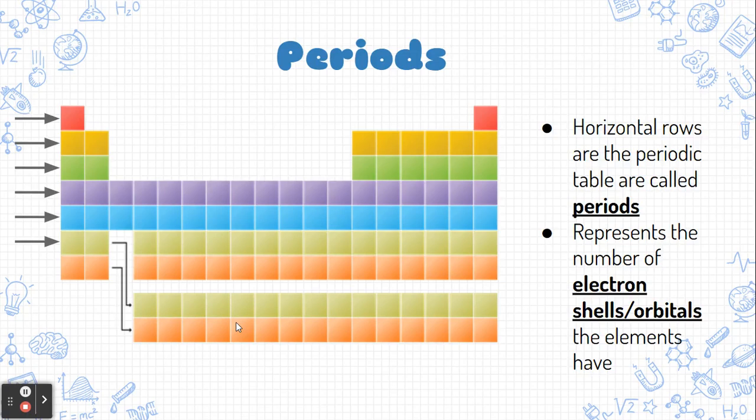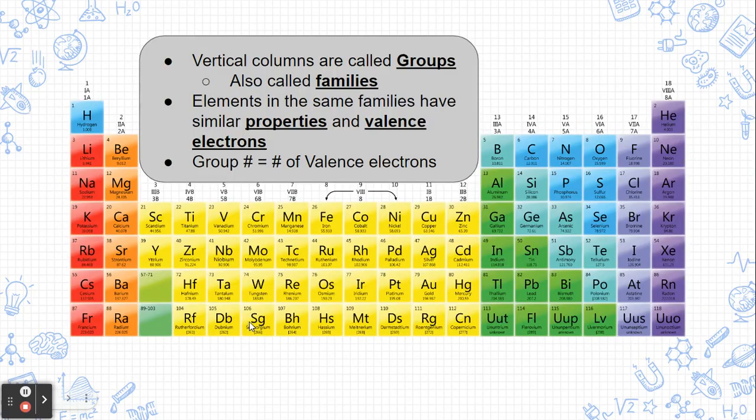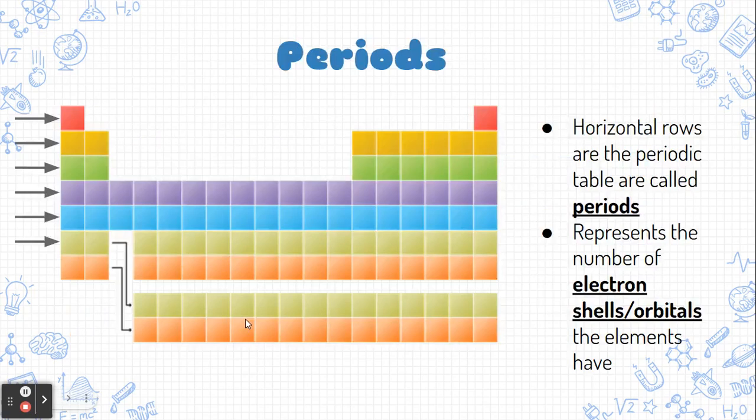What does the period number tell you? Just a quick reminder: the group number told you the number of valence electrons. The period number, like where is it this way, is it first row, second row, third, fourth, fifth, sixth, and so on, represents the number of electron orbits. It just tells you how many circles there are.